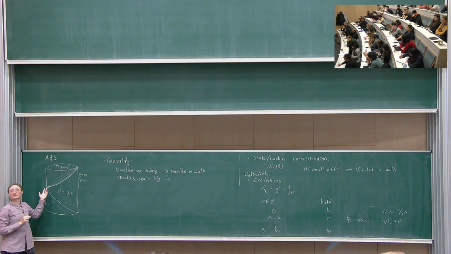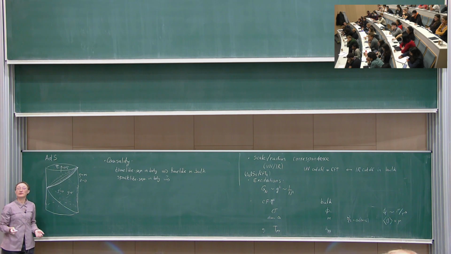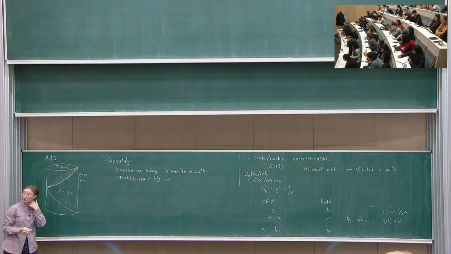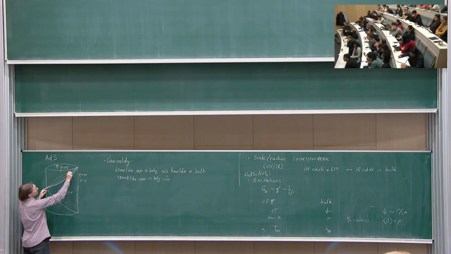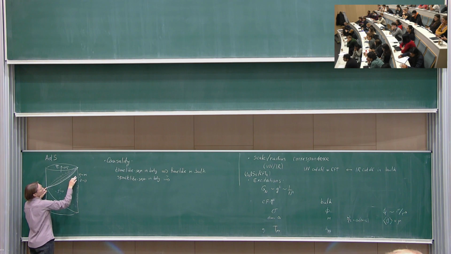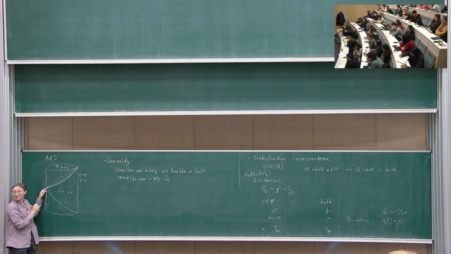So you might ask, what happens if you now deform from AdS as we were just talking about? Is it still the case that null geodesics that go through the bulk cannot emerge out sooner than the null geodesics that go around on the boundary?